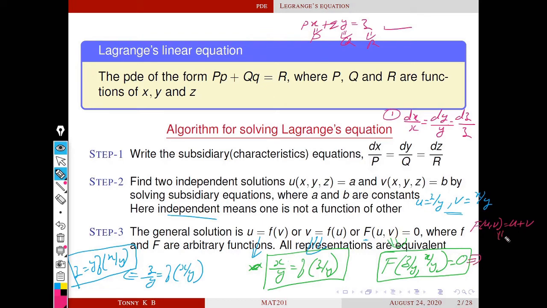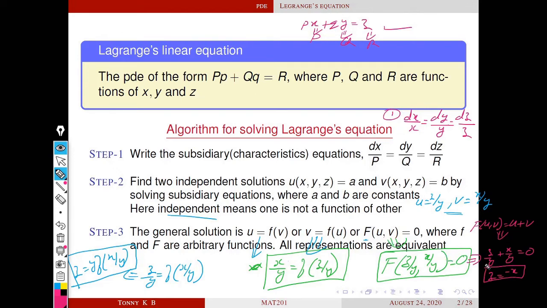This implies the solution is z by y plus x by y equal to 0, right? Because our f of u, v is u plus v. So by solving this we get z equal to y into minus x by y, that is minus x. So this is the solution corresponding to this choice of f.